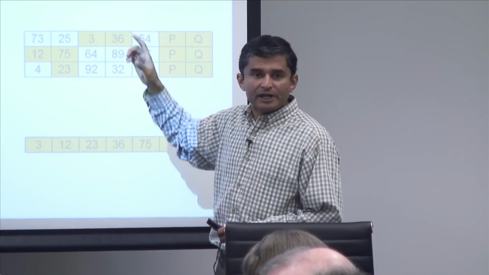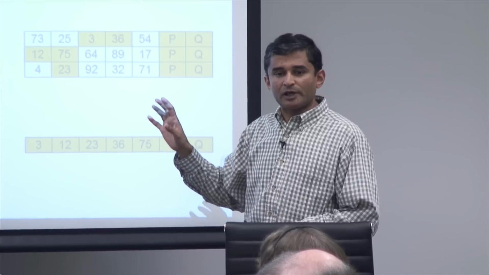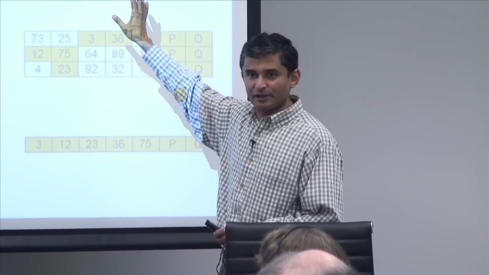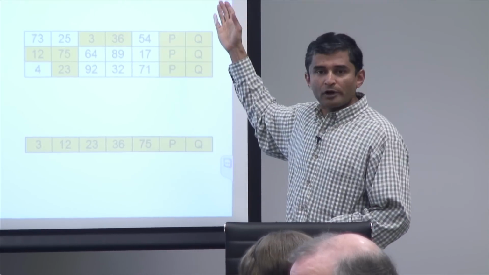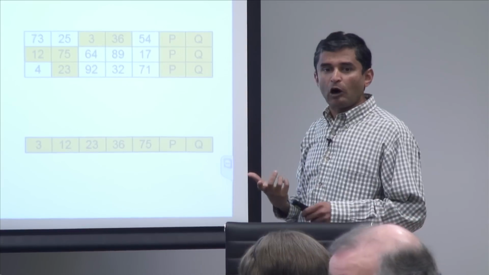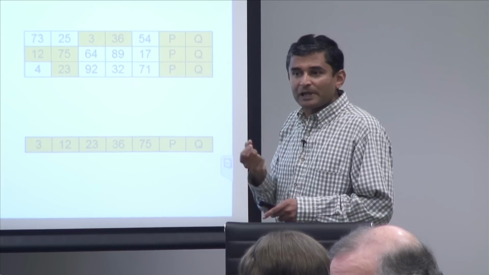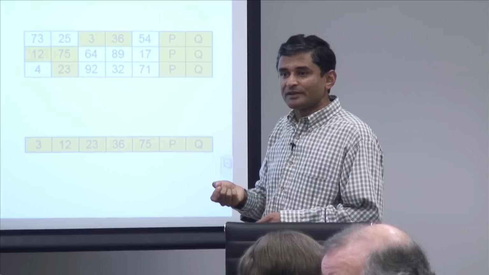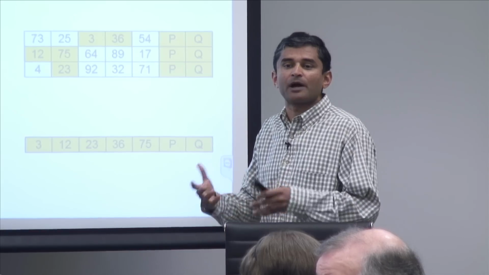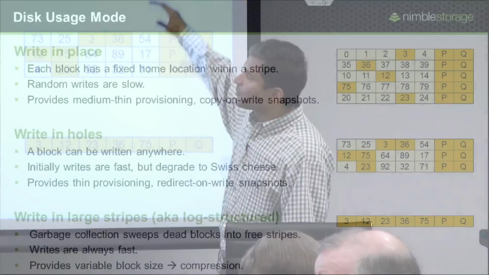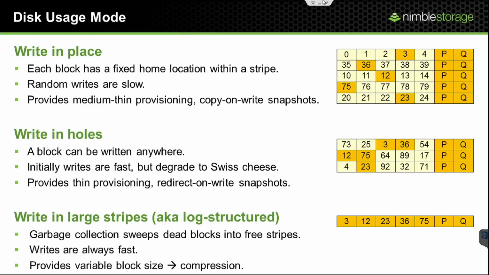But what this means is that if the application is doing random writes, it translates to random physical writes as well. So random writes don't do well. Now, it does support thin provisioning, but at the level of entire stripes. So if the application writes a single block, the system has to allocate the entire stripe, which might be in megabytes. So it's not completely thin provisioned, but because the stripes can be at different addresses, it has some elements.